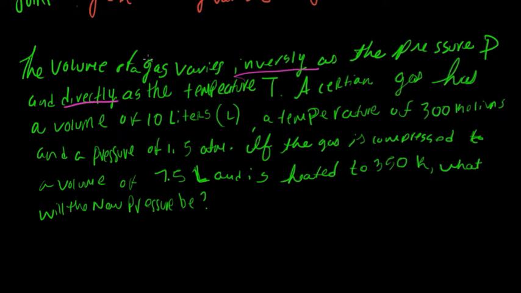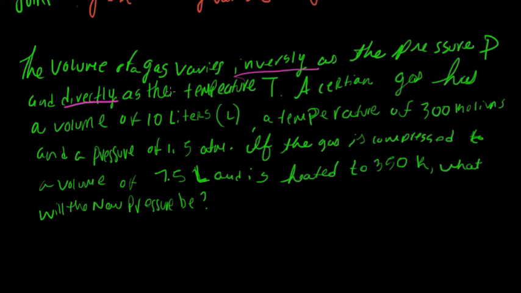Well, this is what we call a combined variation because it contains the relationship between inverse and direct variation. Now remember, I told you earlier that quantities that vary directly appear in the numerator.